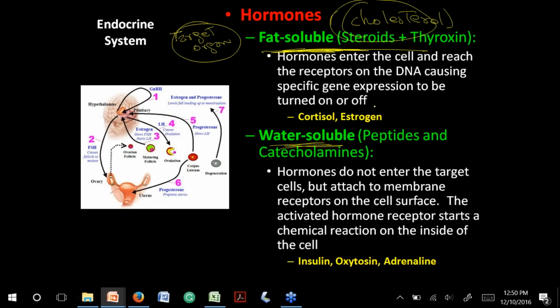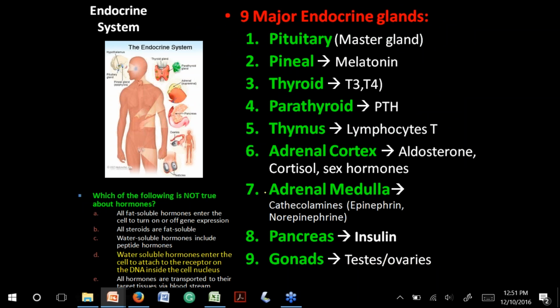Those are estrogen, cortisol, the stress hormone, progesterone, testosterone, and aldosterone. These are so important in our system. That's why we need cholesterol. And water soluble hormones are all the hormones of the pituitary gland. We are going to see that in a few moments.